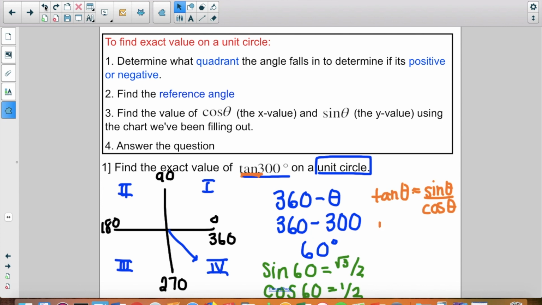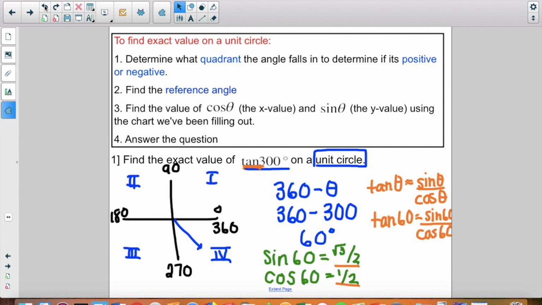We can find the tangent of 60 because remember the reference angle and the regular angle have the same trig values. So this should be equal to the sine of 60 divided by the cosine of 60, and we have those values right here. The sine of 60 is radical 3 over 2, and I'm going to divide this by the cosine of 60, which is 1 over 2.